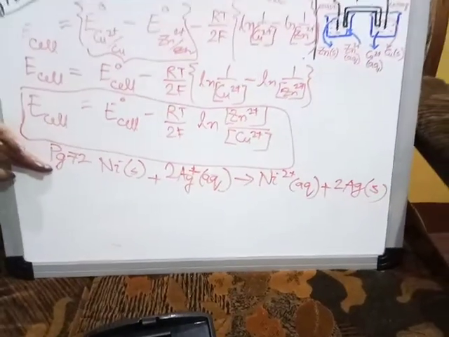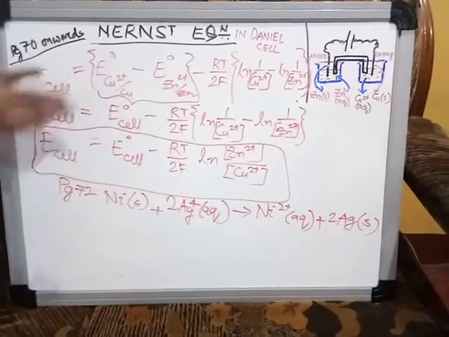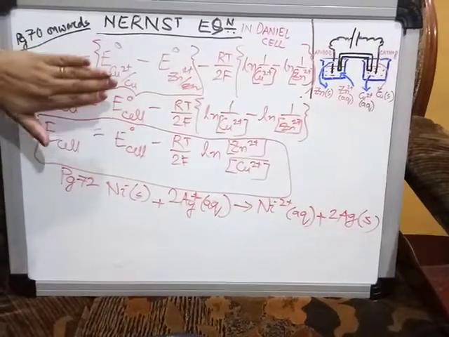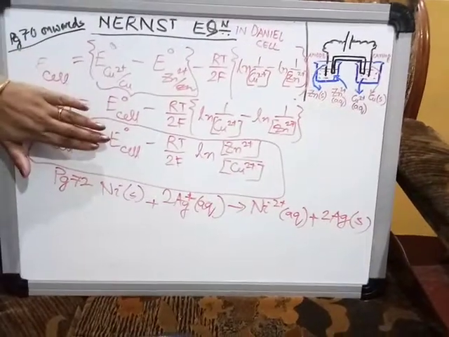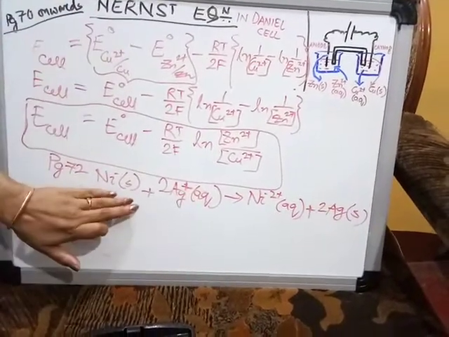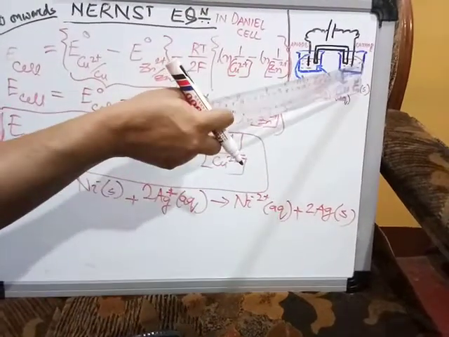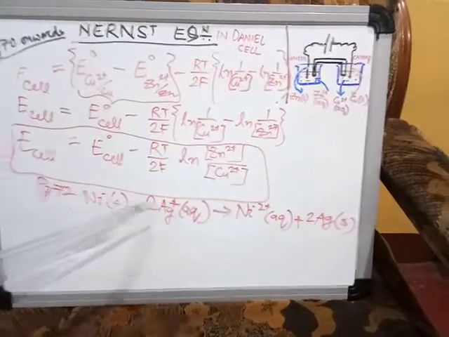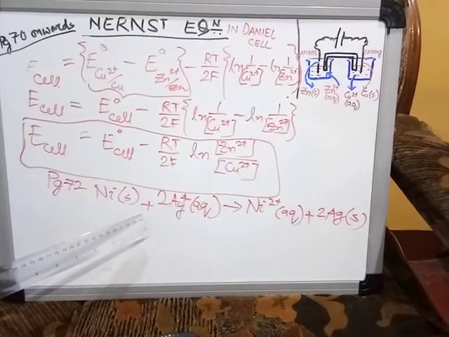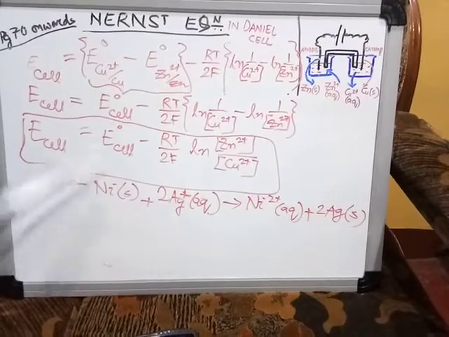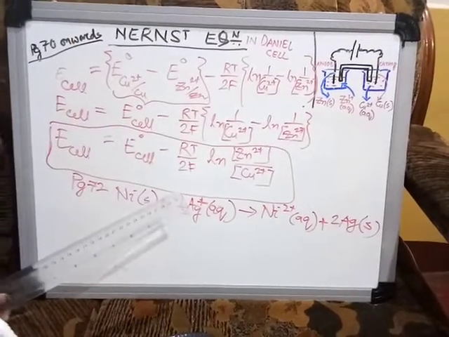For this equation in page 72, they have done it already in that page, but you can try and solve in this way. How I have explained to you for Daniell cell, you can apply it to this cell also, where the cell is set up between nickel maybe and silver. So this is the equation. Please try and solve this, and then you'll see it will be much clearer to you how to get the Nernst equation for any equation given to you in this way.